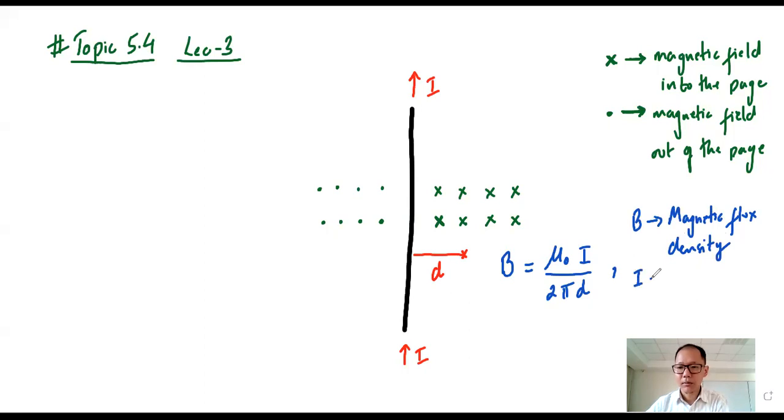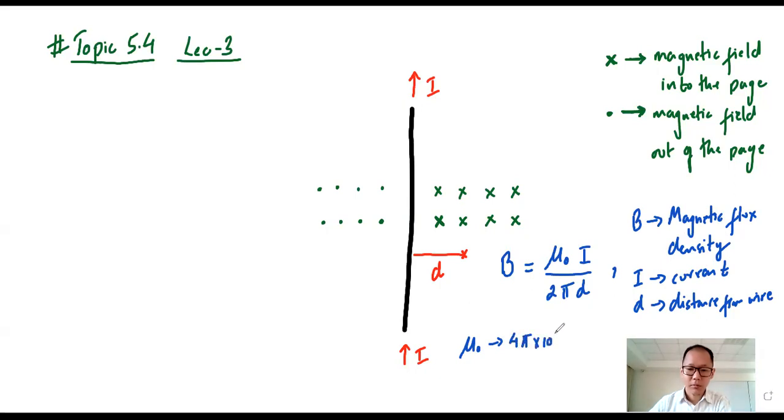I is the current. d is the distance from the wire. And mu naught is a constant whose value is 4 pi into 10 to the power minus 7 Tesla meter per amp.